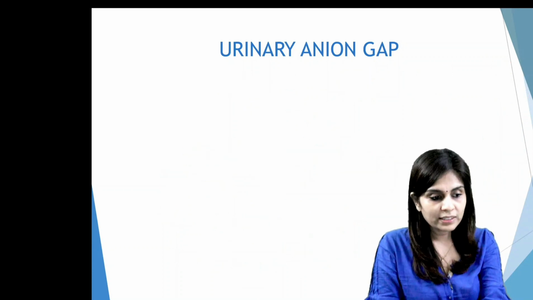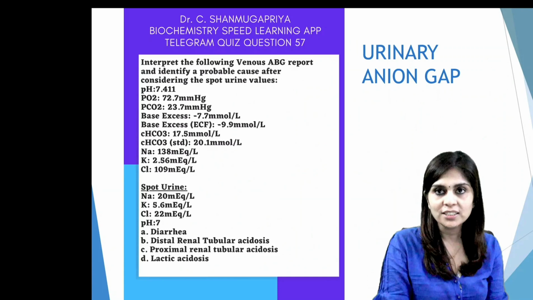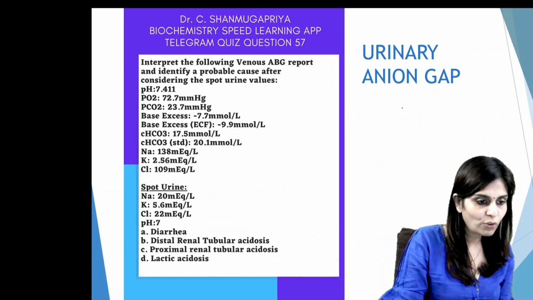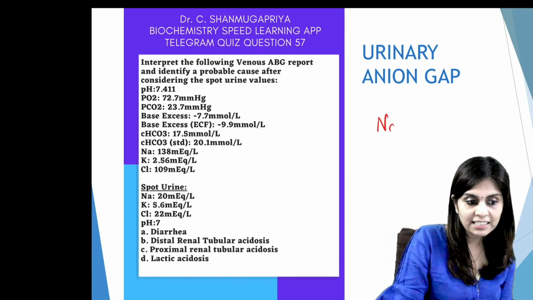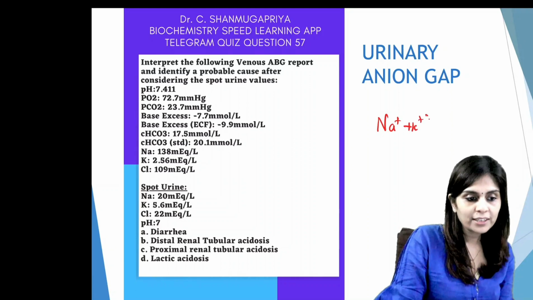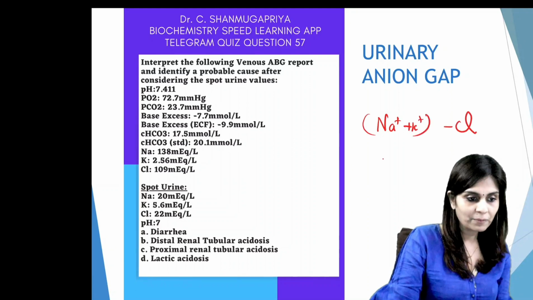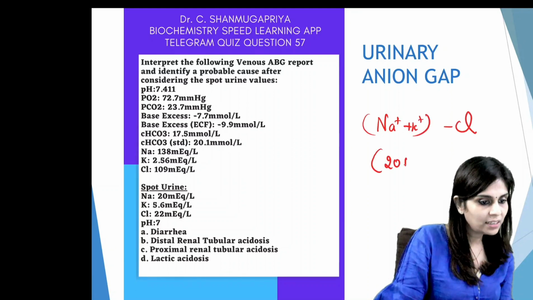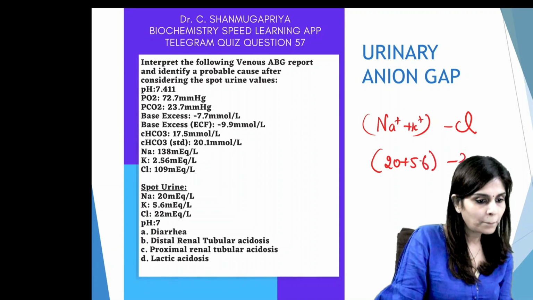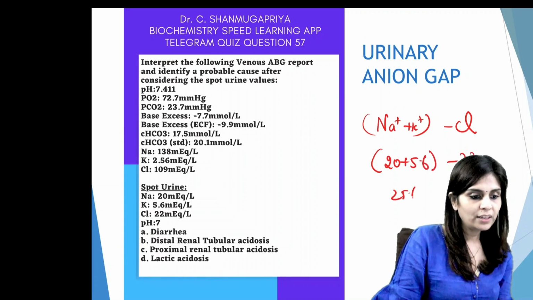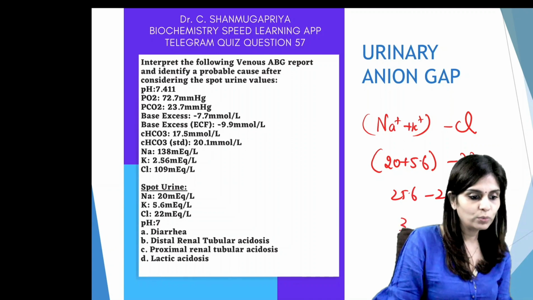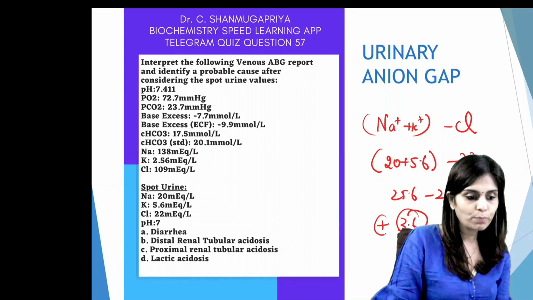Okay. Now let's see what is the state in this condition. What is the formula for urinary anion gap? I said it is sodium plus potassium minus chloride. So here it is 20 plus 5.6 minus 22. So it's 25.6 minus 22, which is 3.6, which is positive.